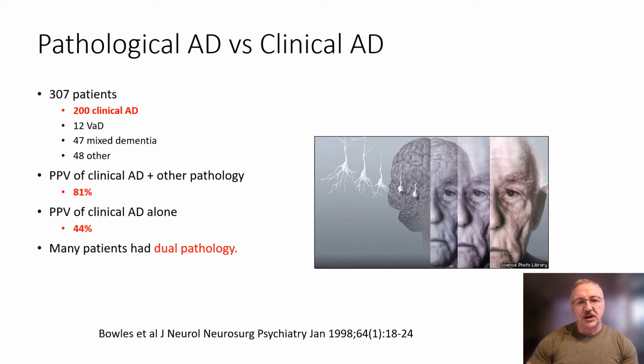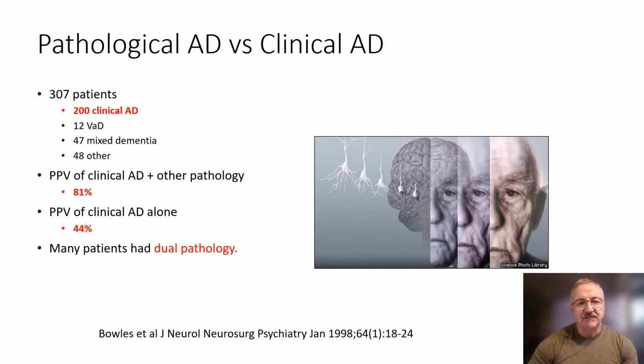If we look at pathological Alzheimer's disease and we compare it to the clinical assessment, then we start to see interesting things. For the clinical assessment, the positive predictive value of there being any dementia at all is high, around 81% in this study, and that's seen in other studies.